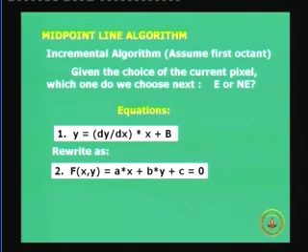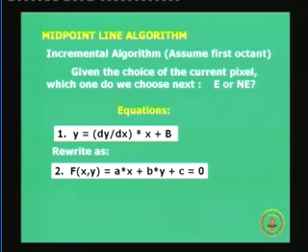We will revisit the equations again, where the equation y equals mx plus b, or dy by dx multiplied by x plus b, is the original equation of the line, and we try to rewrite it in the form f(x,y) equal to 0, where the coefficients, small a, b, c, are the parameters of the line.